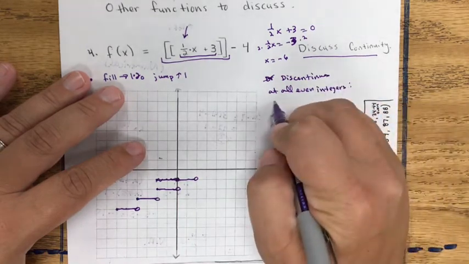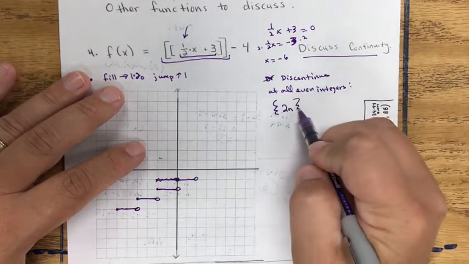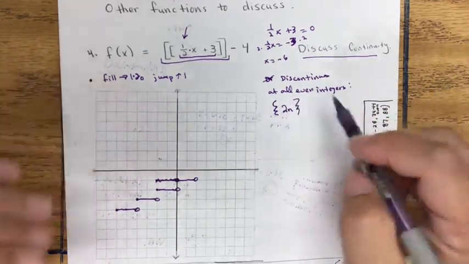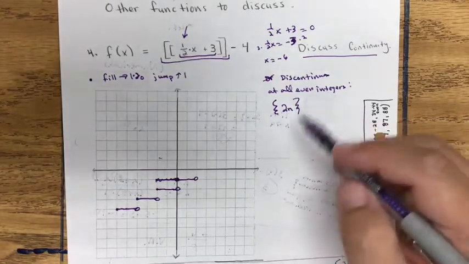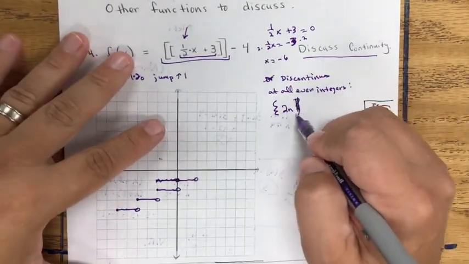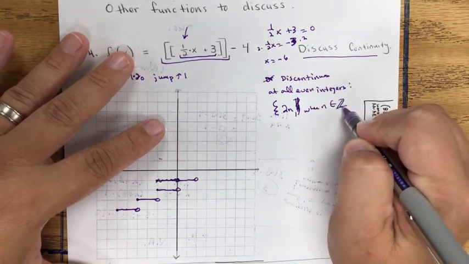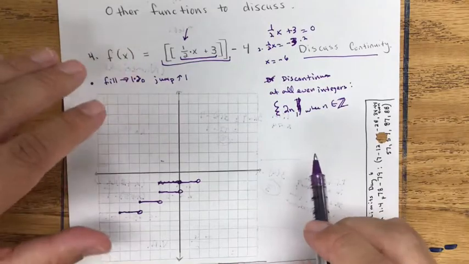We also write that the 2n is where it's discontinuous. So I'm not really going to make you say where it's continuous. It's just discontinuous at all 2n's, where n belongs to the set of integers. If you remember kind of doing that from last year.